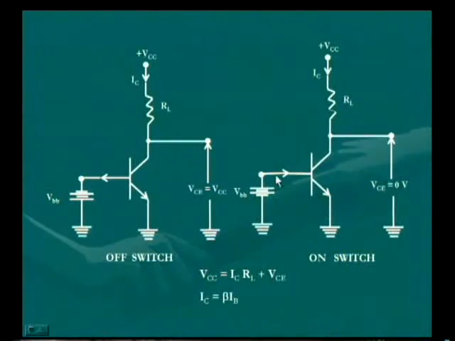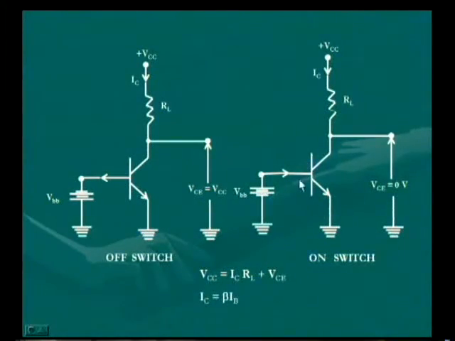So here, when the base emitter junction, that is the input junction of a common emitter transistor is forward biased, and if this forward bias is sufficiently large, then the transistor will be driven into saturation.